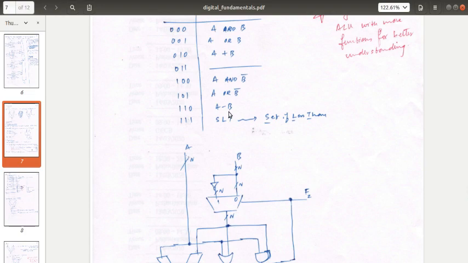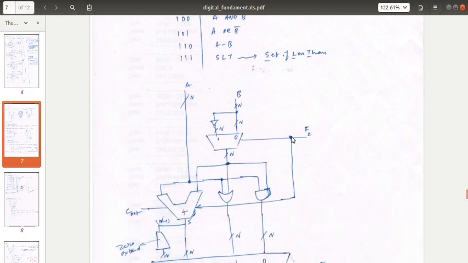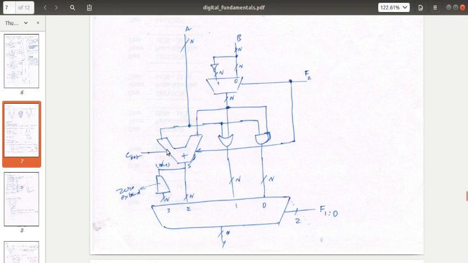It is A plus the 2's complement of B, that is A plus the 1's complement of B plus 1. So here also we need to take the complement or inversion of B. So that is the logic. If F2 is 0, then we use B itself. If F2 is 1, we use B bar.